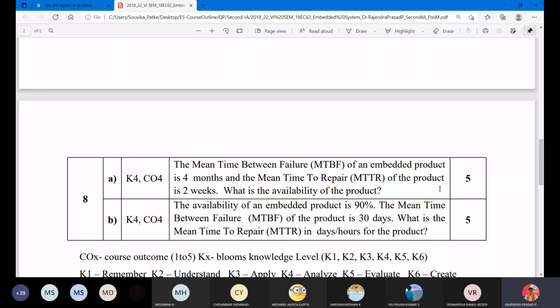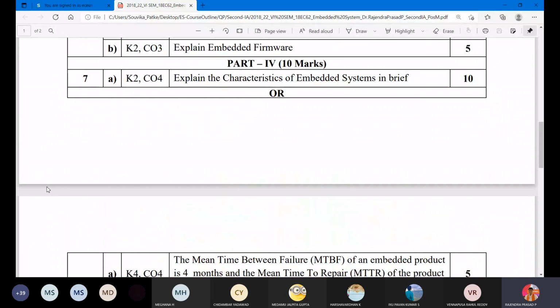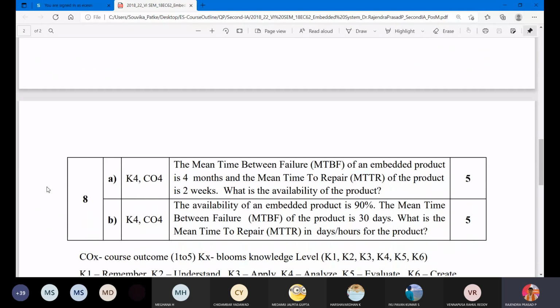I have given 5 marks here, and I expected that most of you would attempt the 8th question instead of the 7th question. But as I observe, what it tells is that you are preparing the content. You are not sure about the problems, you are sure about the theory.